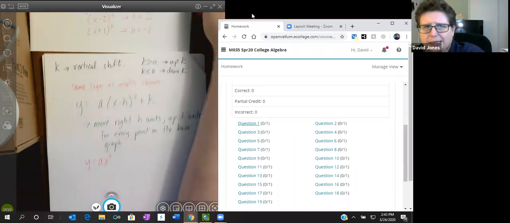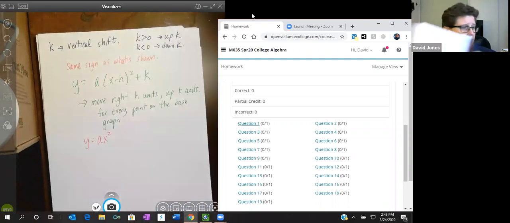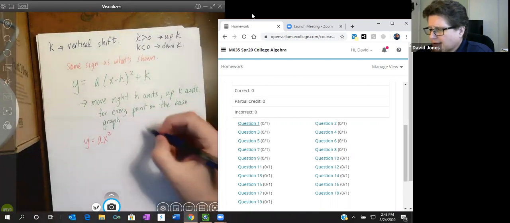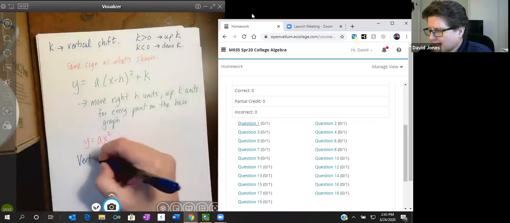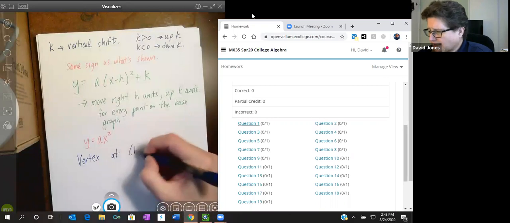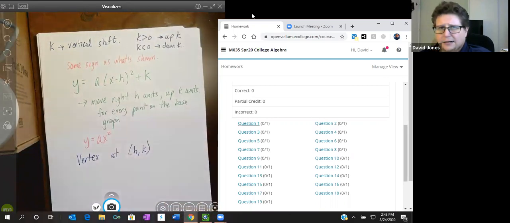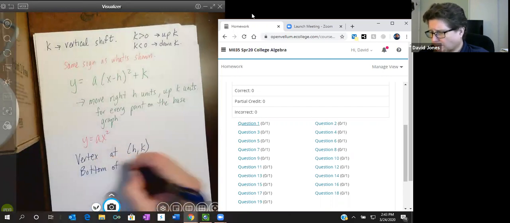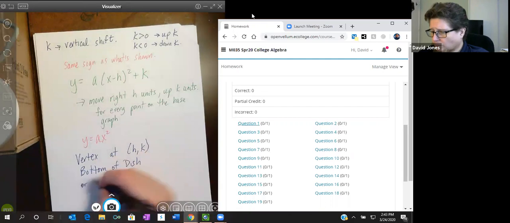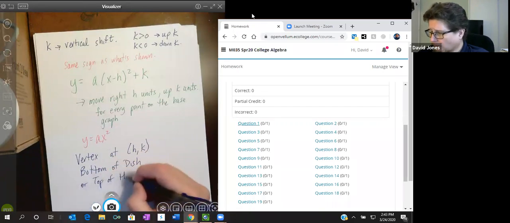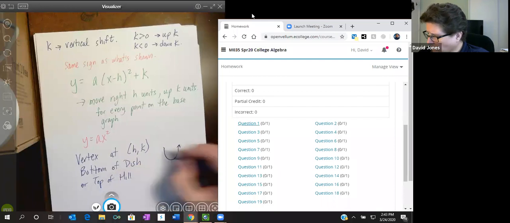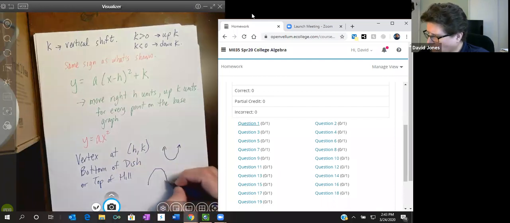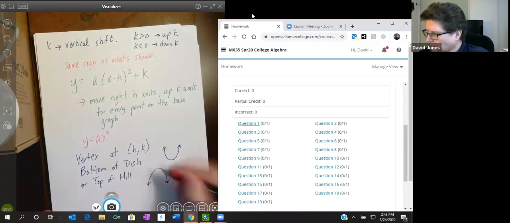So a handy way of thinking about this: we're going to have our vertex at h, k. That's the bottom of the dish or top of the hill.